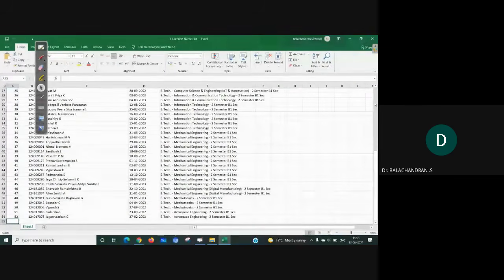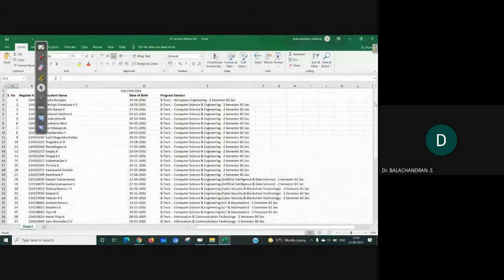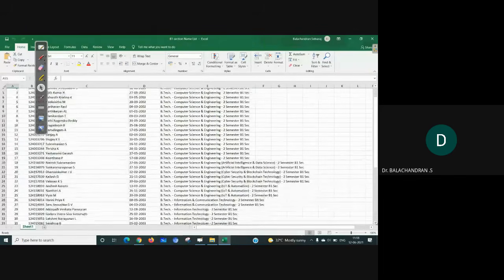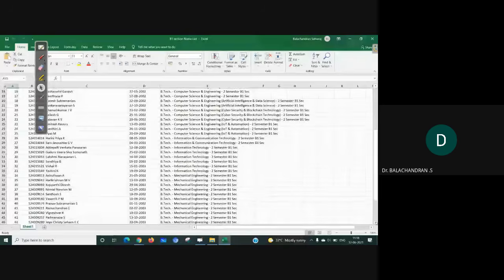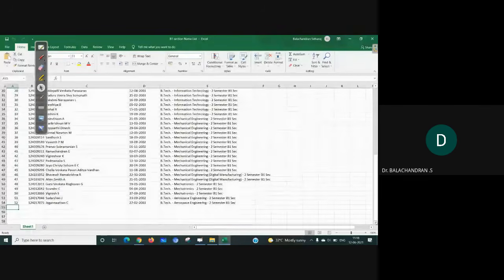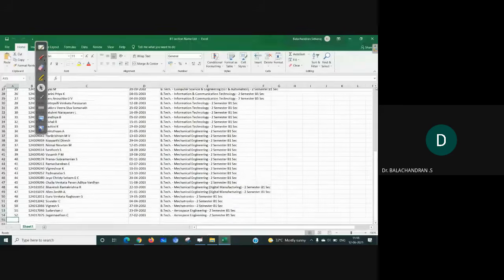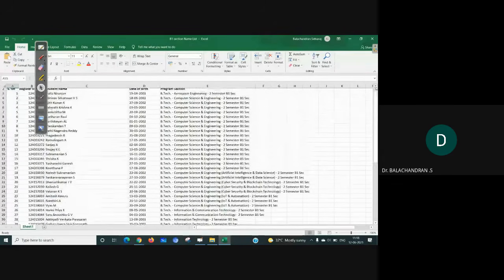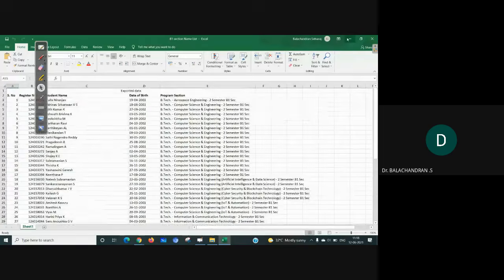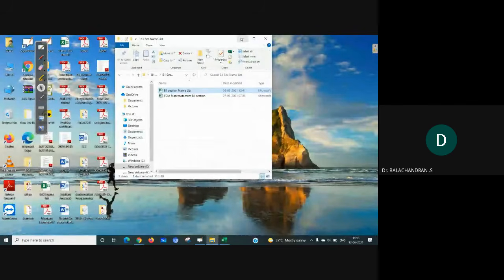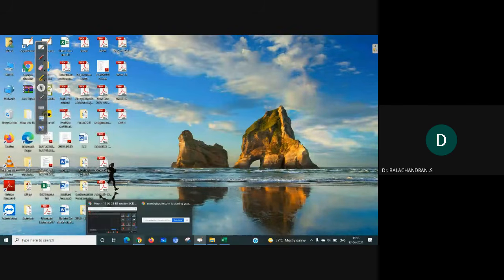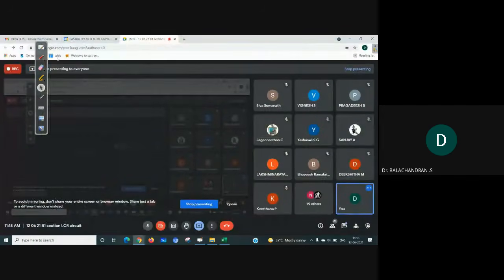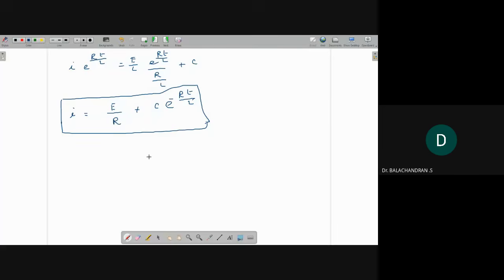Mechanical, mechatronics, computer science. I think in this section there are no EEE students. Okay, so next option. Second column.